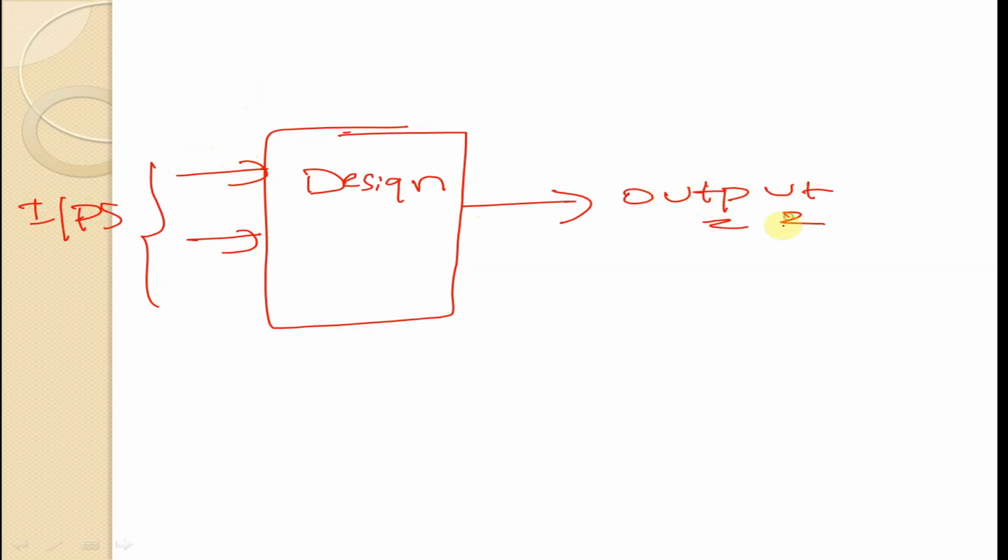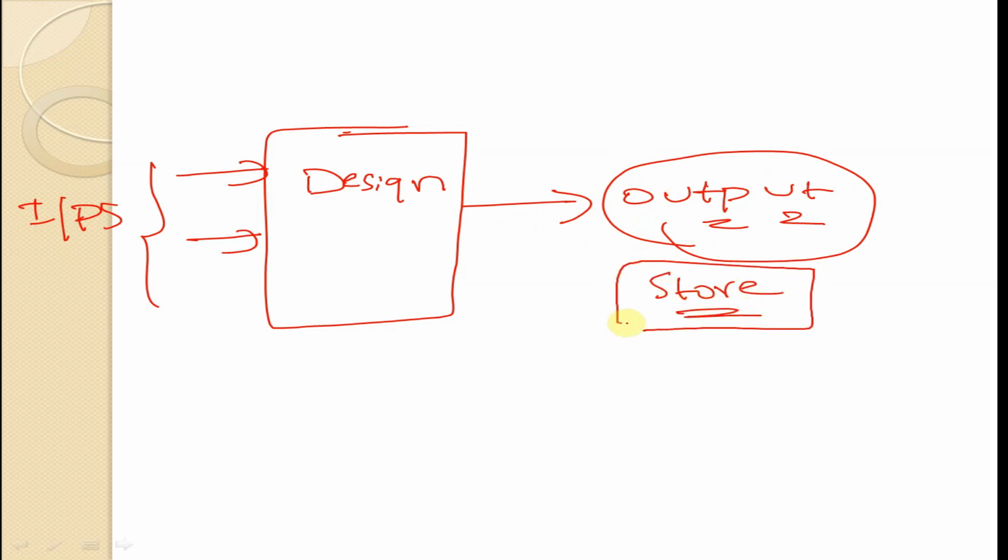When we are designing any design, what we mainly want is our output. If we want to analyze the output, then definitely we want the values to be stored in the output.